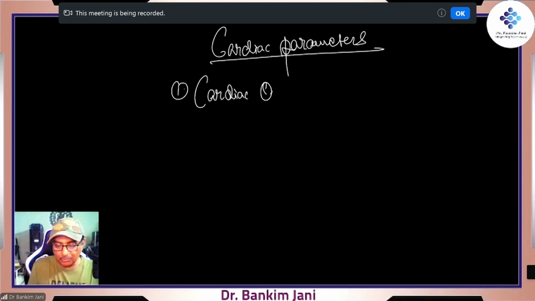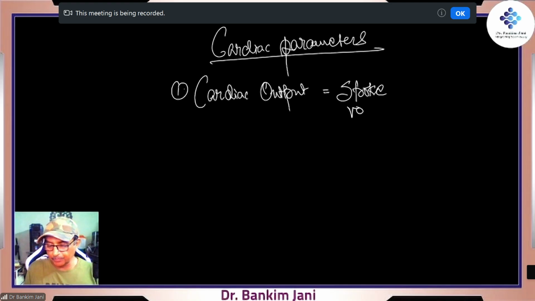Now we know that it is like self-explanatory, but when we have to really define it, that thing is one, the stroke volume, that is with every beat how much blood is getting pumped out with every beat, multiplied by number of beats per minute, and that is nothing but heart rate.